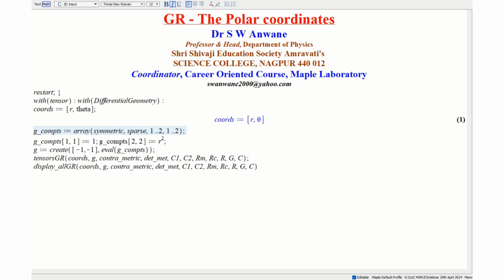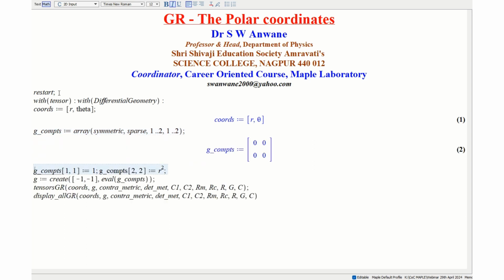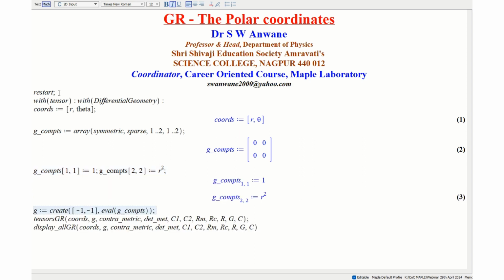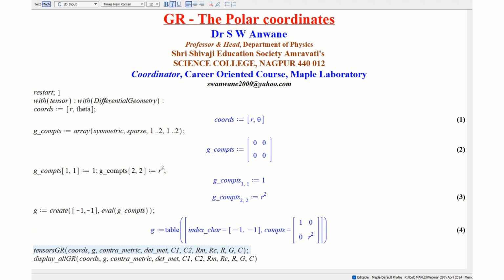and the coordinates we are talking about are r and theta, and the components of the sparse matrix are all 0, basically 0 0 0 0, and now I am going to enter the 1 1 and 2 2 components as 1 and r squared respectively, and now you can see the matrix.